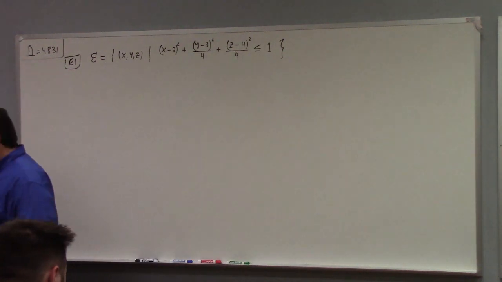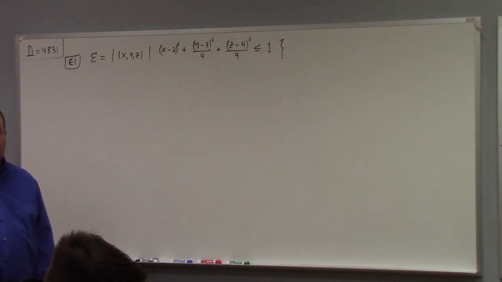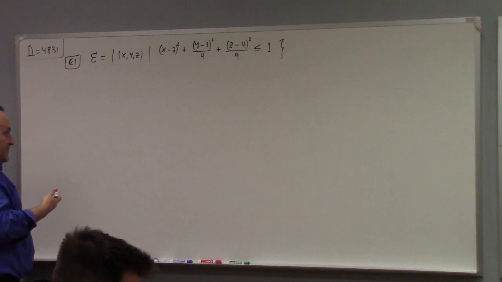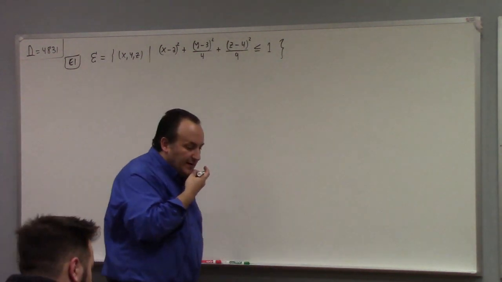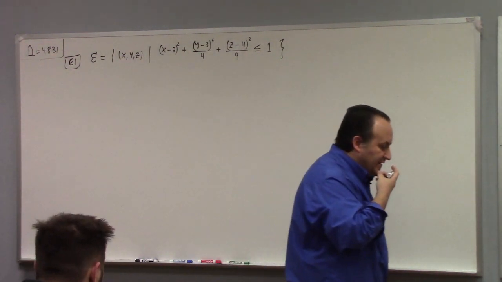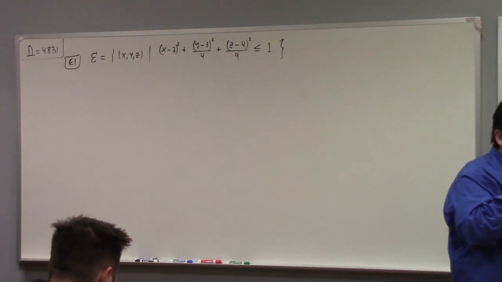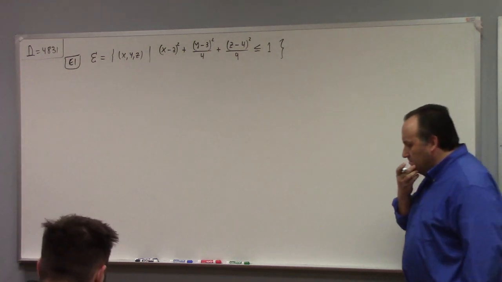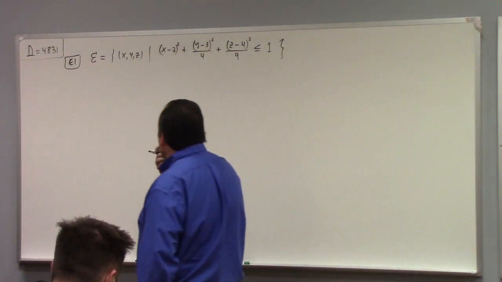And I'd like to explain how to set up the volume integral over this solid, all right? And I'd actually like to explain how to set it up a couple different ways, because there's various ways you could go here.